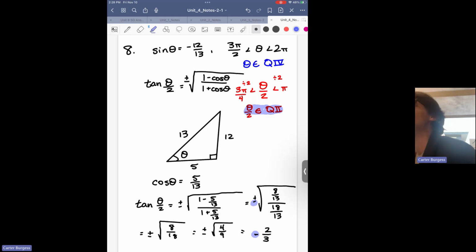If we want to adjust the minimum and maximum value for a particular angle, so let's say we are told that our theta here has to live in between two values, then the adjustment is actually fairly easy when we're looking at what, say, theta over 2 must sit between. We just do whatever we did to theta to this new value here. So essentially, to go from theta to theta over 2, we divided by 2. So we're going to divide the upper bound by 2. We're going to divide the lower bound by 2.